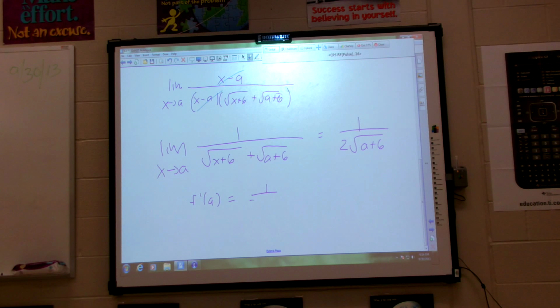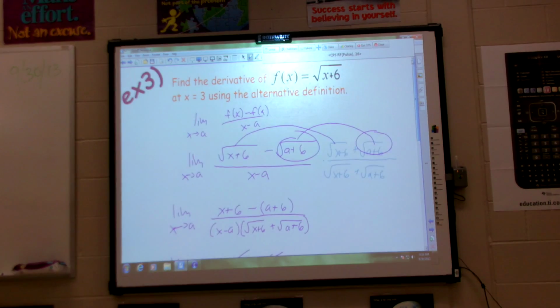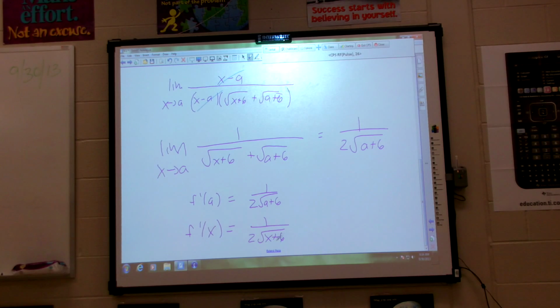Yes? Because it's in terms of a. My variable is just a in this case. You follow that logic? Instead of f prime of x, I used a. As long as we're clear, I could easily call that f prime of x, 1 over 2 square root of x plus 6. You see it's the same thing, I just changed the variable, right? But didn't it ask for me to find it at x equals 3?